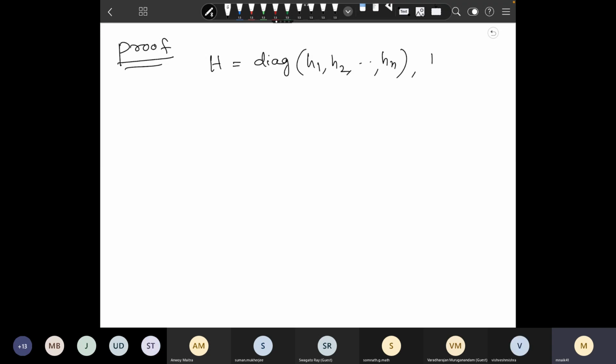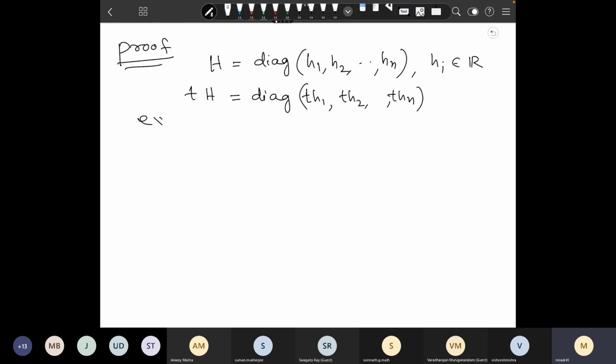Okay, so this is my lemma. I want to prove it, and we will use that polynomial exponential lemma. Proof. H is equal to diagonal of (h1, h2, ..., hn), where each hi belongs to R. What is tH? tH will be diagonal of (th1, th2, ..., thn).